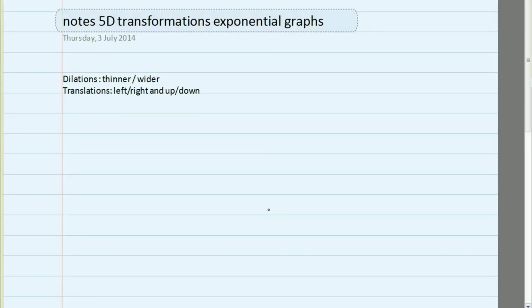We also need to look at transformations of exponential graphs, and we're talking about dilations. If we remember from when we were looking at quadratic graphs, we had y equals x squared being the base quadratic graph, and we had a look at a situation where we had y equals a times (x minus b) all squared plus c.